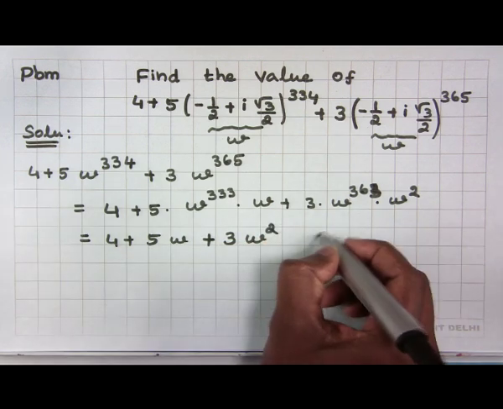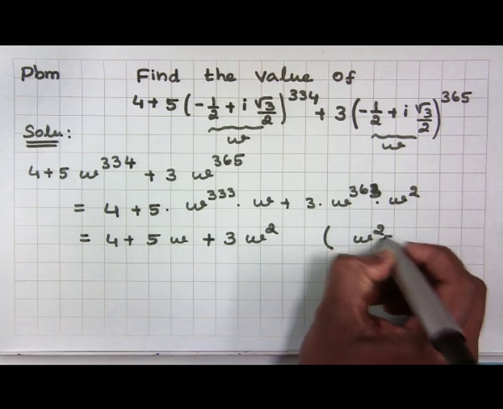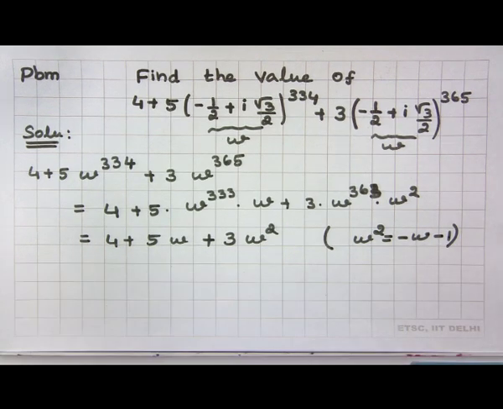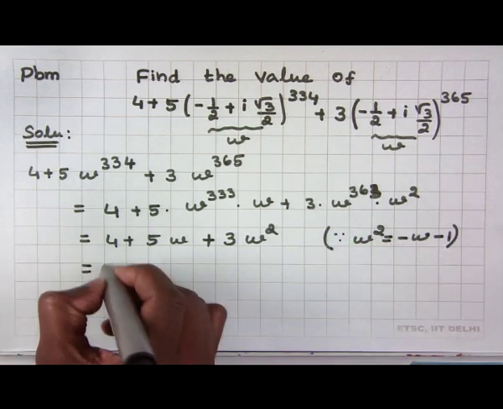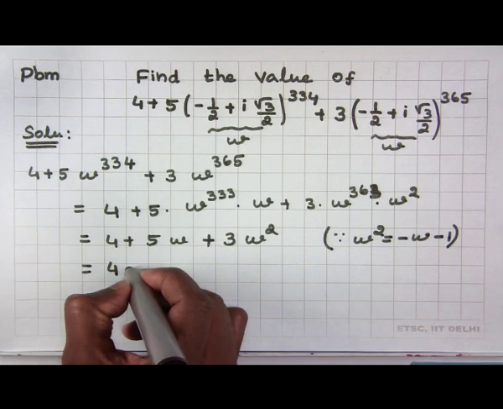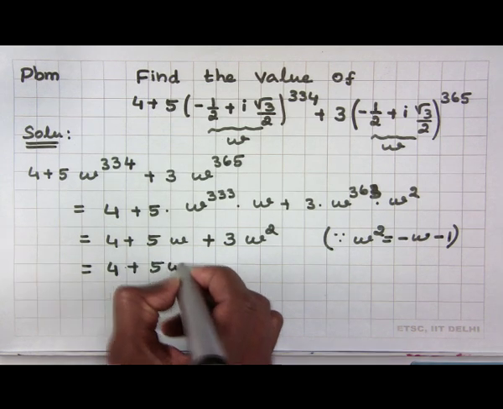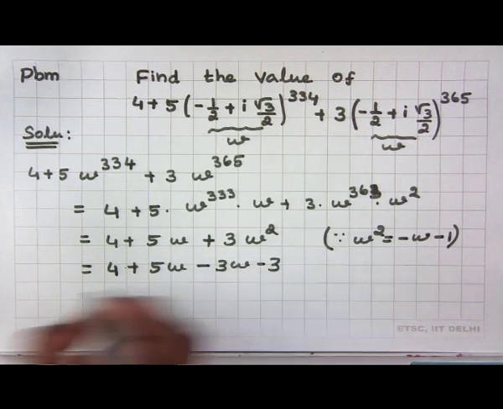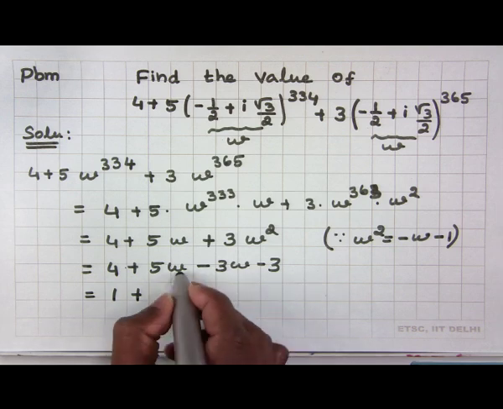Now, again use the fact that the sum of cube roots of unity is 0. From this we get omega square is minus omega minus 1. Now, substitute in this equation, we get 1 plus 5 omega, and then minus 3 omega minus 3, we get 1 plus 2 omega.